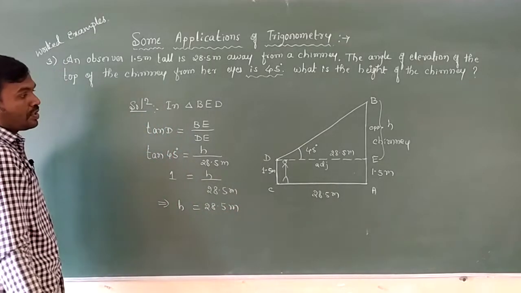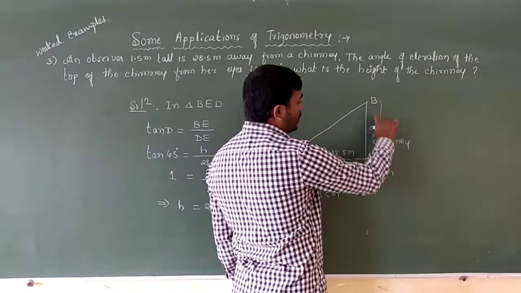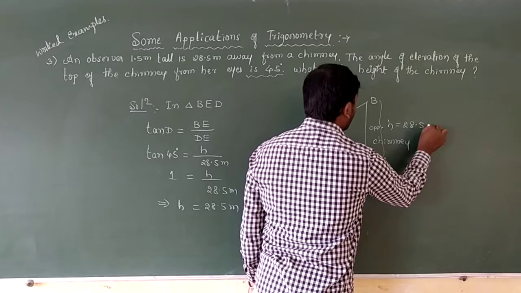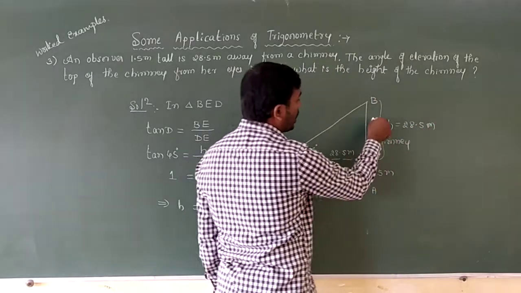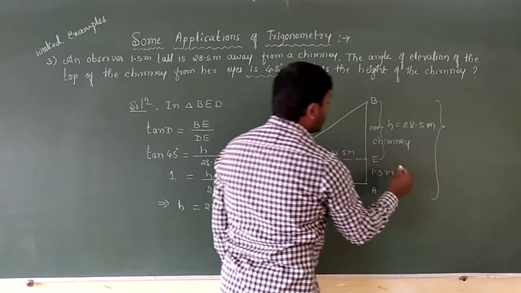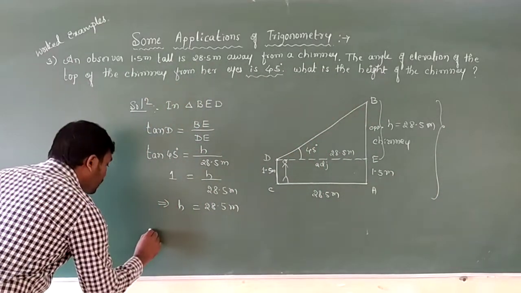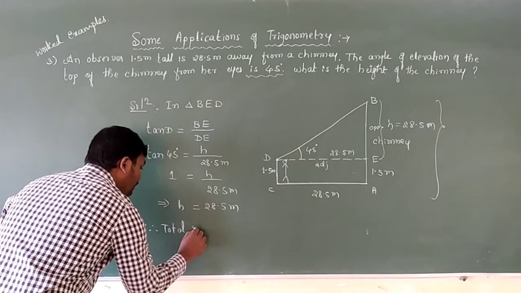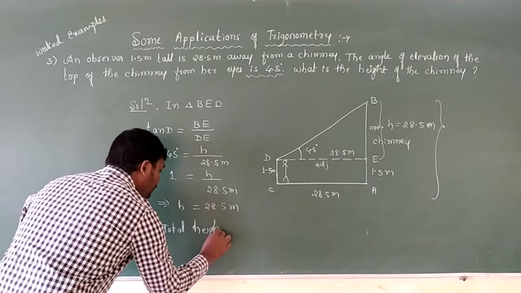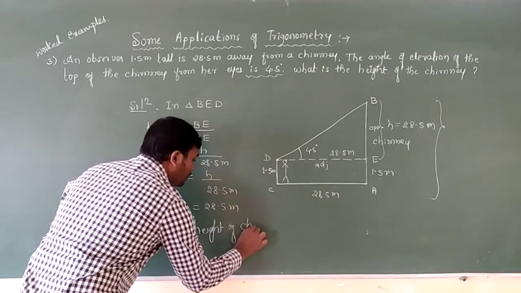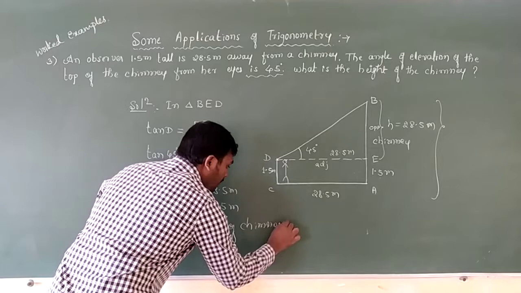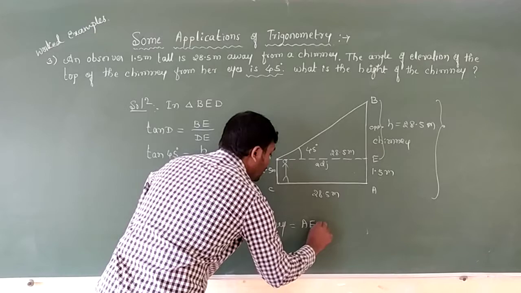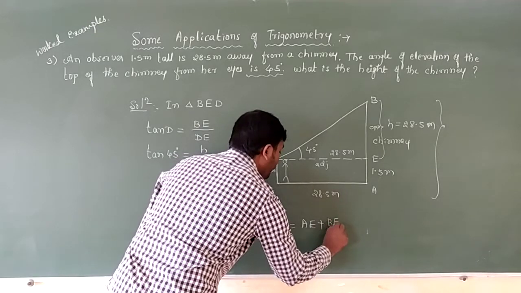28.5 meter. So here the remaining height of this chimney is 28.5 meter. So what is its total height? Total height is A to B. So total height of chimney is equal to AE plus BE.